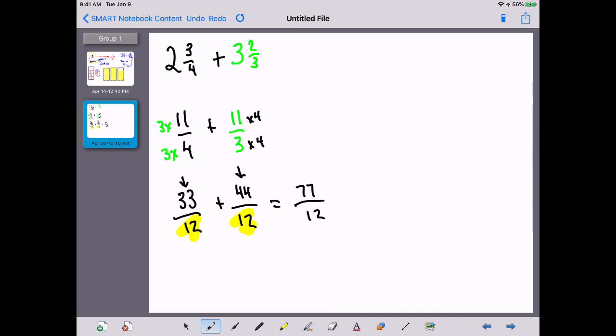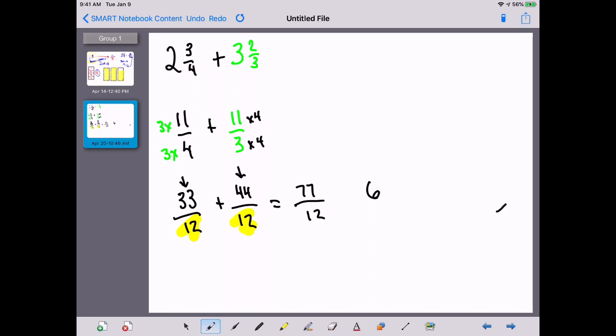So I want to see, if I had 77 pieces, how many wholes can I make if it takes 12 pieces to make that whole? So this is where knowing your multiplication works out really well. You can count up to get to it, but I know in this case that there are 6 whole pieces there, and 6 times 12 is 72.